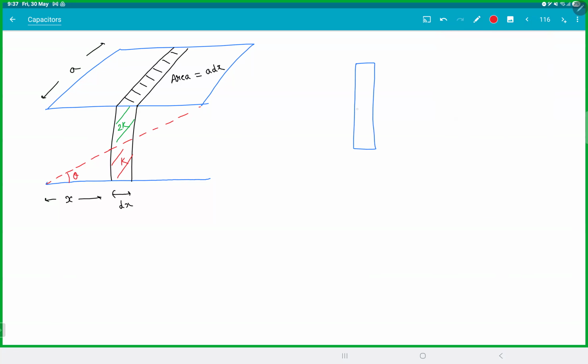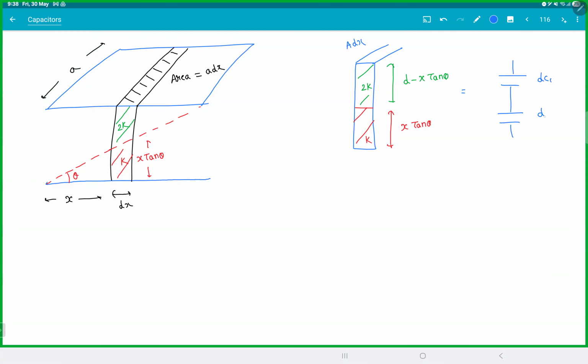When you take this slice here, this part will be the red one. This will be x tan theta, so that will be the distance between the red plates. This will be d minus x tan theta, and this will be the area A dx. So I can treat them as two capacitors in series.